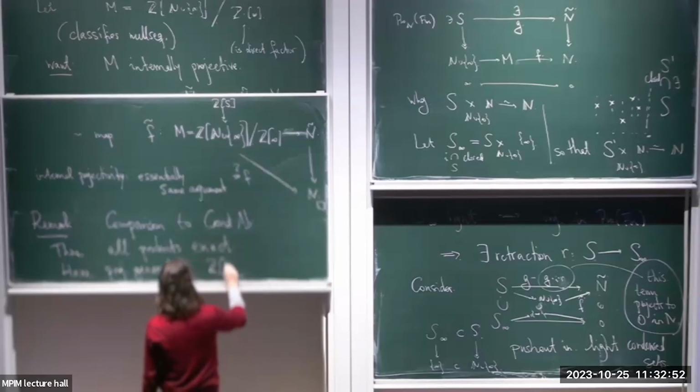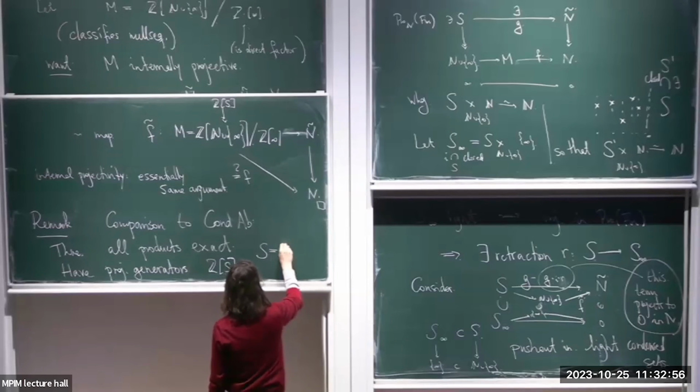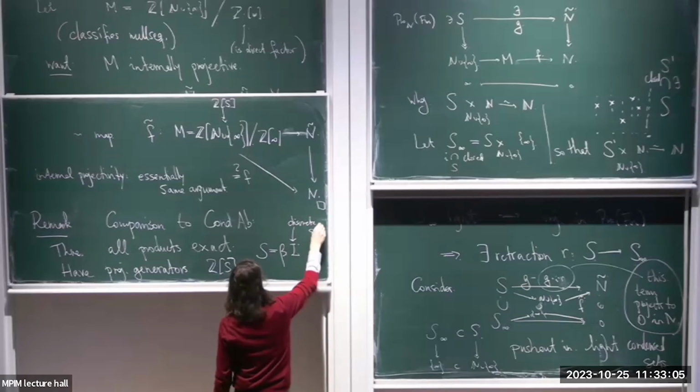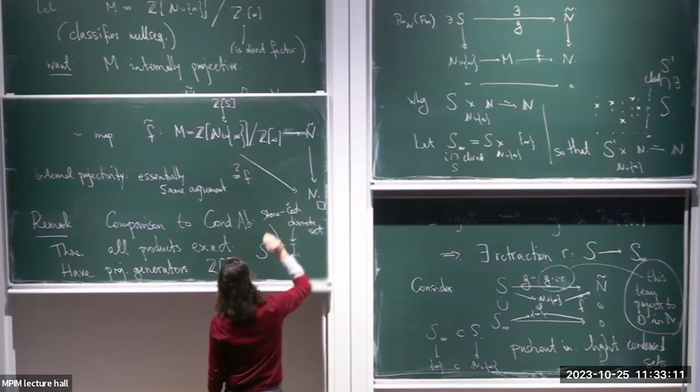C adjoin S, where S is what's called an extremely disconnected set. So for example, it's a Stone-Čech compactification of some discrete set. These are huge things.